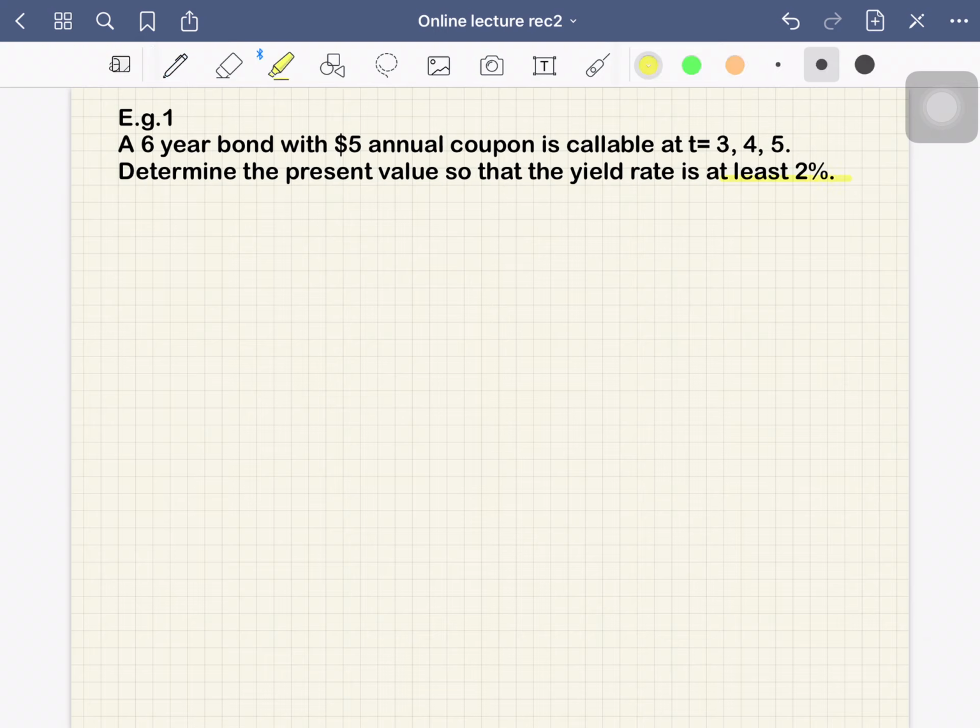Okay, so this is a 6-year bond. So the time diagram becomes 0, 1, 2, 3, 4, 5, 6.